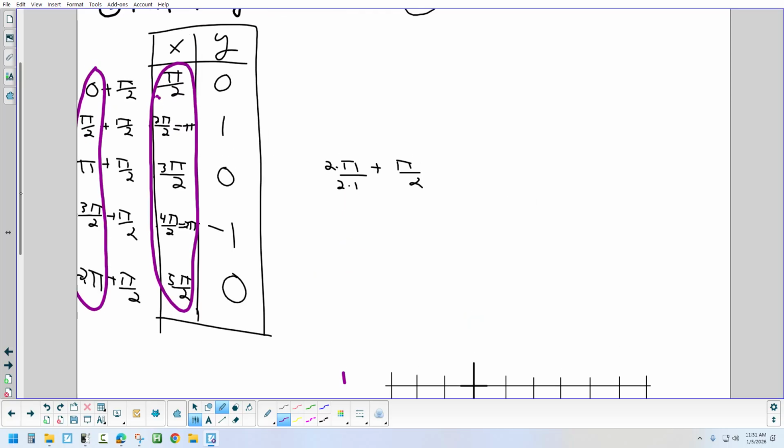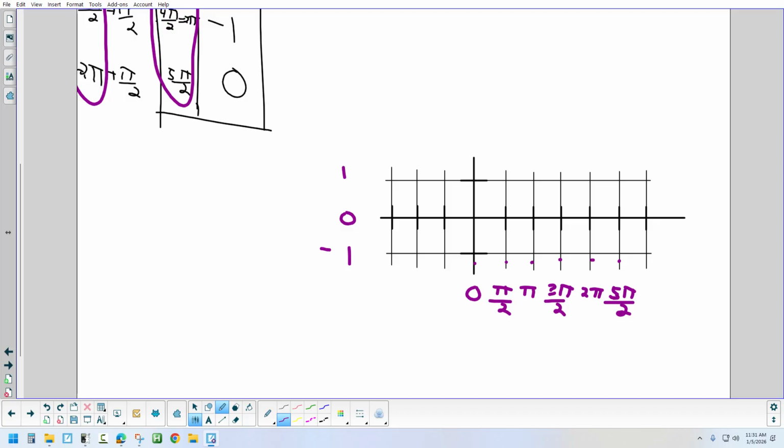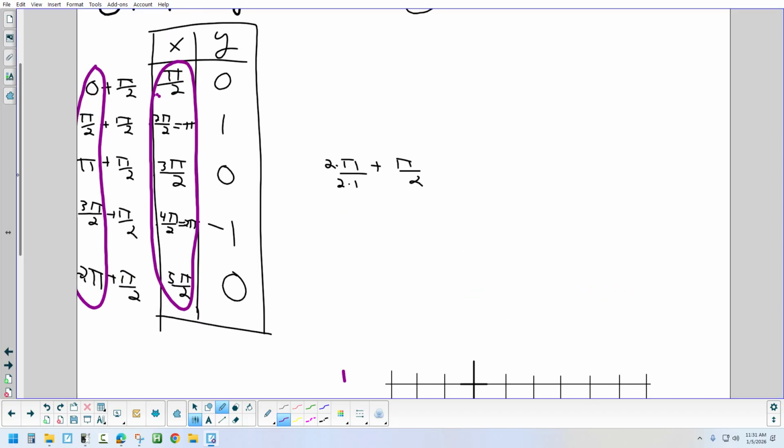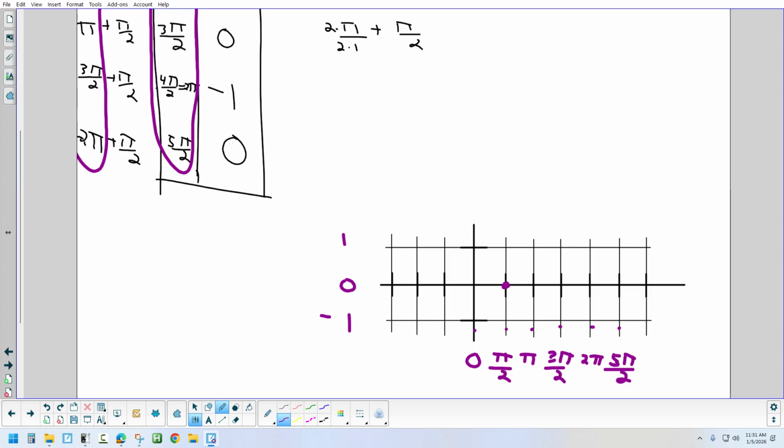Okay, now graph your points. So pi over 2, you're at 0. Pi, you're at 1. 3 pi over 2, 0. 2 pi, you are at negative 1. And 5 pi over 2, back at 0. And try to make the graph look curved.